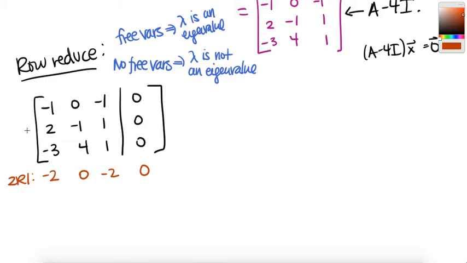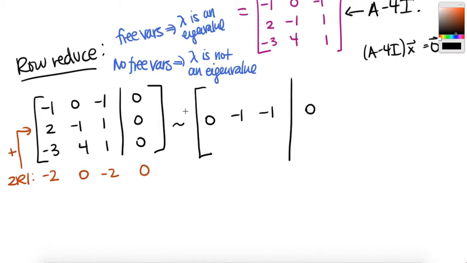Okay, and I am going to take that and add it here. And that's going to give me my new row 2. So 2 and -2 is 0. -1 and 0 is -1. 1 and -2 is -1. 0 and 0 is 0.